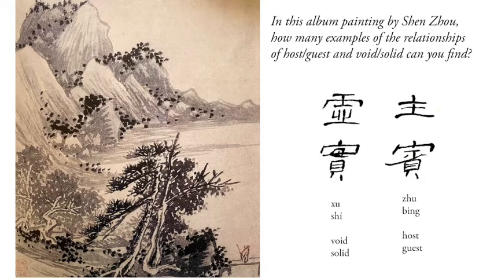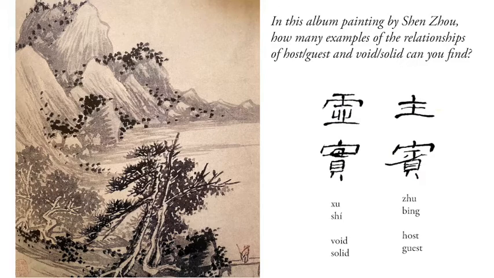Here's another example by Shen Zhou. A little more complicated. We have trees, groups of trees, we have rocks, we have mountains, we have dots, we have a figure, and we have the empty places. How many ways can you see the concept of host and guest being used?